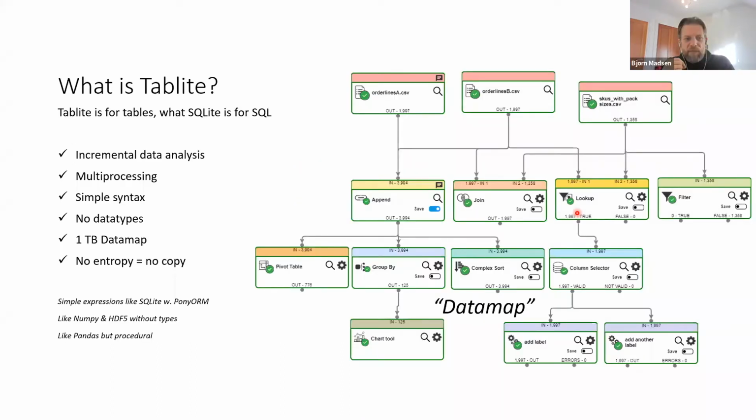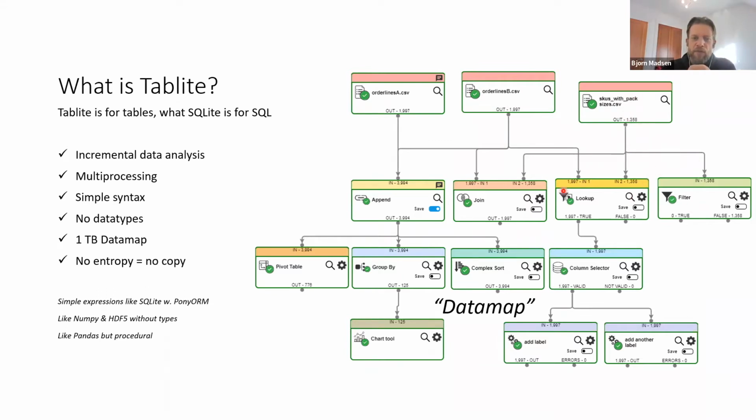Tablite is for tables what SQLite is for SQL. It's a library that helps us handle tabular data. By processing and working with tabular data, I mean that we can take a data set of one kind that's somewhat similar to another kind and append them. If we want to, we can make joins between two data sets. We can filter according to our needs.